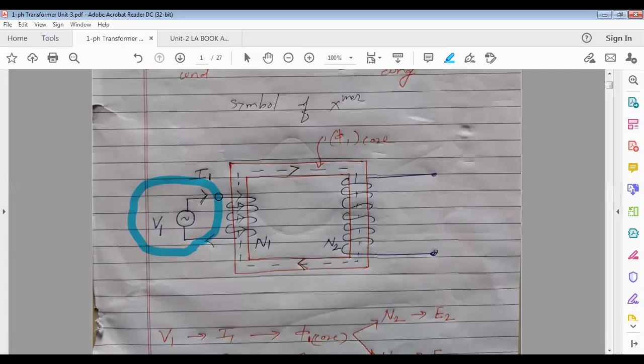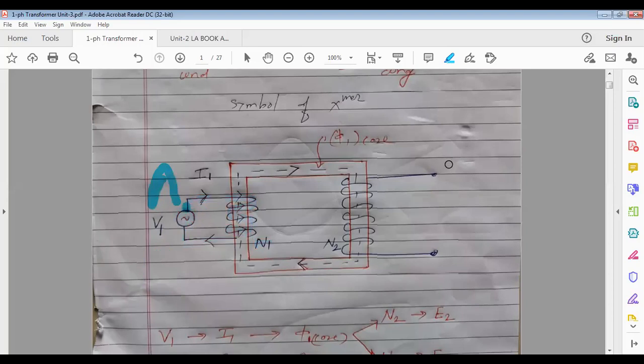Now see here, N1 is the primary number of turns and N2 is the secondary number of turns. I am going to mark one end of the primary winding as A and the other end as B. From end A to end B, the primary winding is a continuous copper wire with N1 turns, and across A and B an AC voltage source is connected.